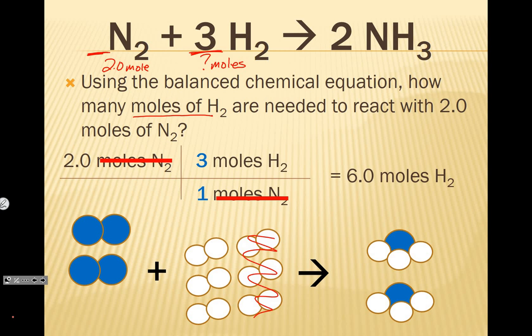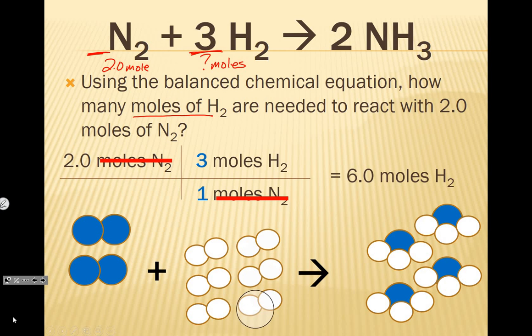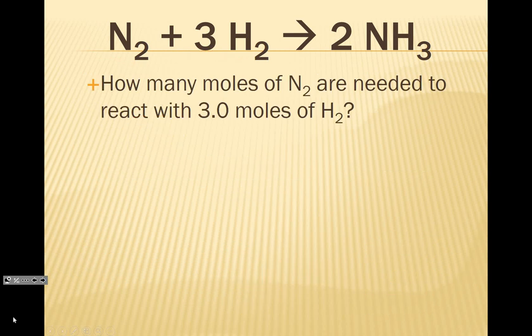Going forward, this is another one that we could do. If I have 2 moles of N2 and 6 moles of hydrogen, then I can make 4 moles of ammonia. All right, so how many moles of N2 are needed?